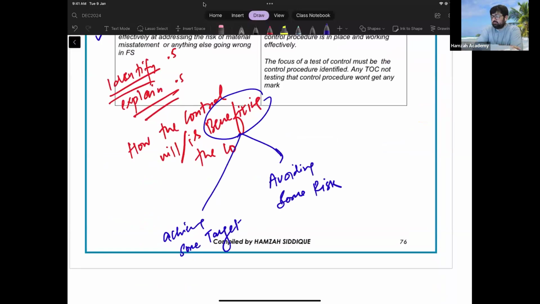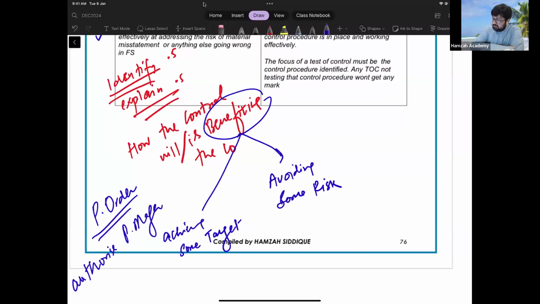For example, they say a purchase order should be approved and authorized by the purchase manager.